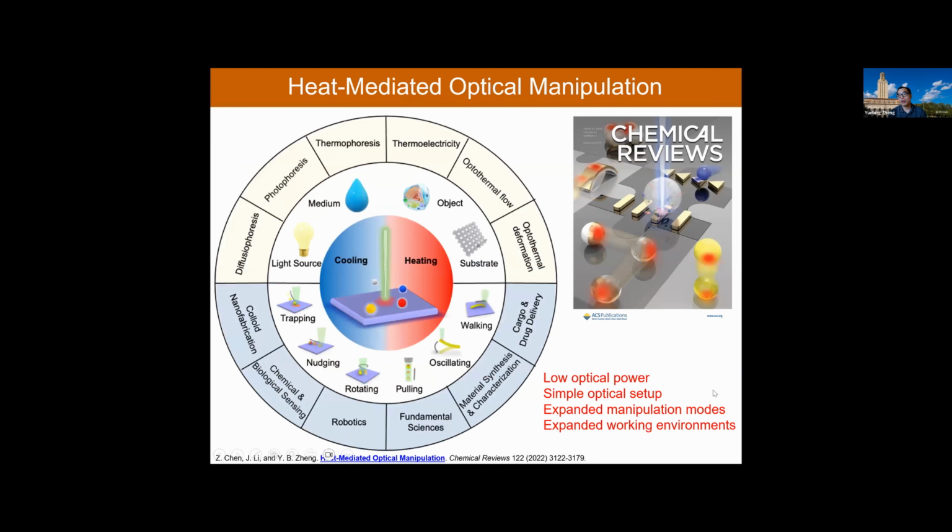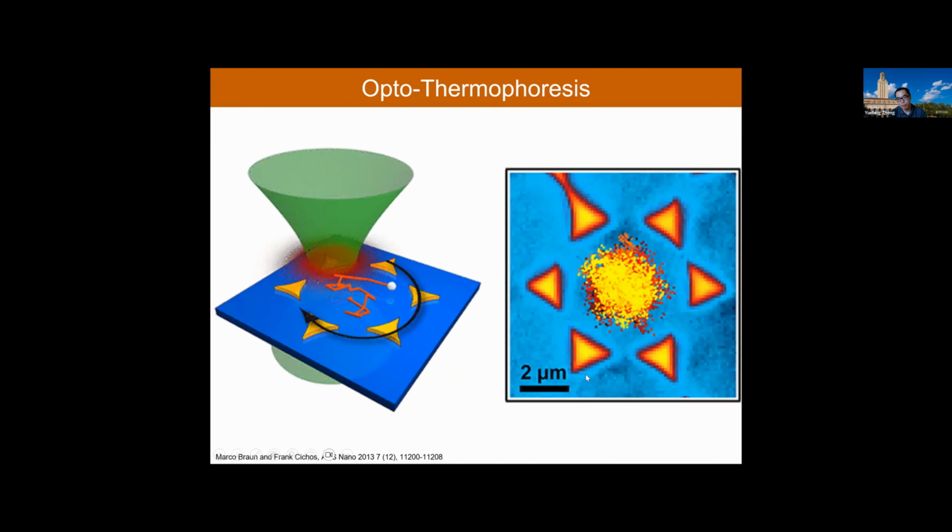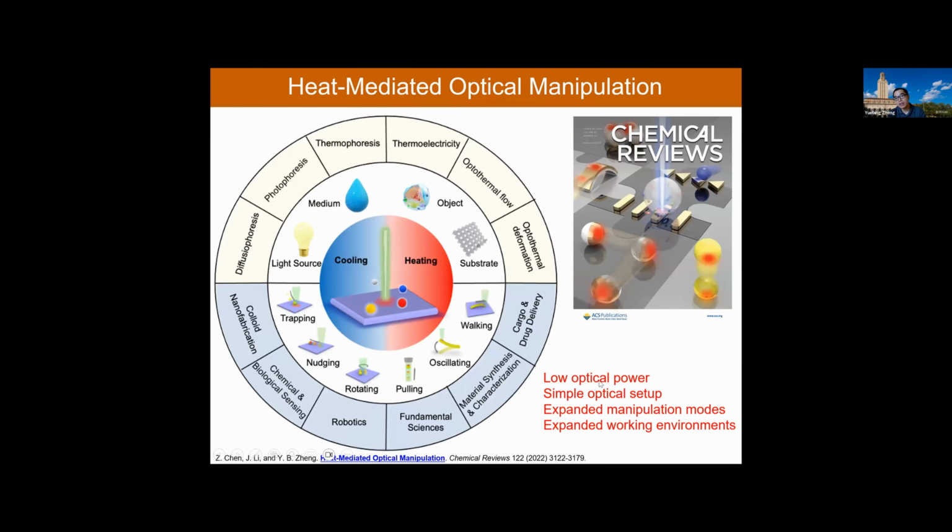We harness optical heating with a few goals. The first is that by using optical heating effects rather than optical forces, in an indirect way, we can use lower power to achieve similar manipulations.